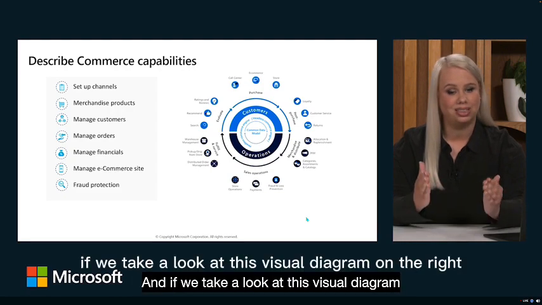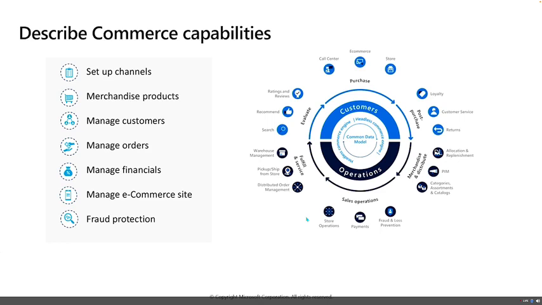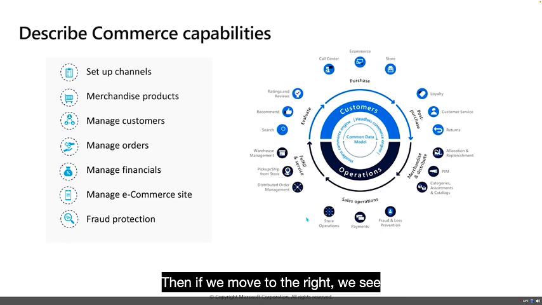If we take a look at this visual diagram on the right of the slide here, we can see those arrows that are pointing in a clockwise direction. If we start at the 12 o'clock position, we have purchase with a call center, e-commerce, and the physical store. Then if we move to the right, we see post-purchase functionality like loyalty programs and customer service.